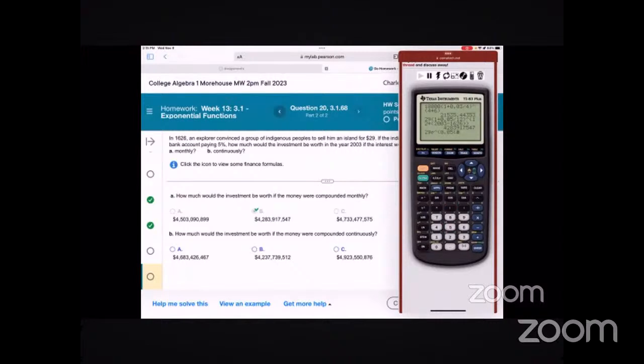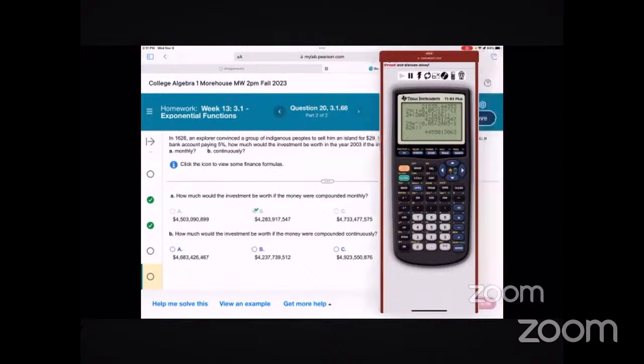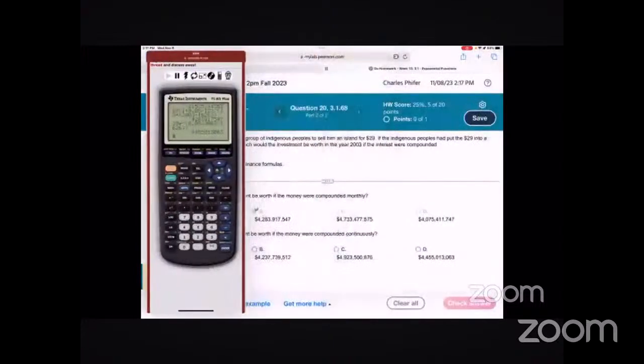So I'm going to say 2003 minus 1626. And close the parentheses, double close, and I think we're ready to rock and roll. 4455. Looks like it's D.